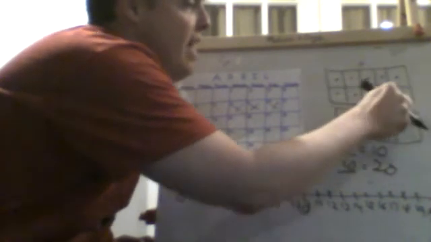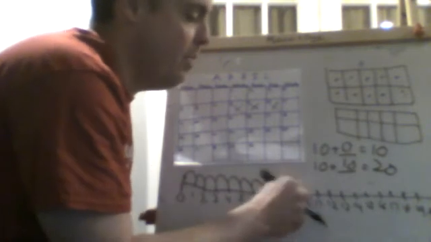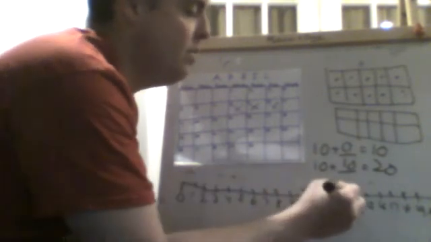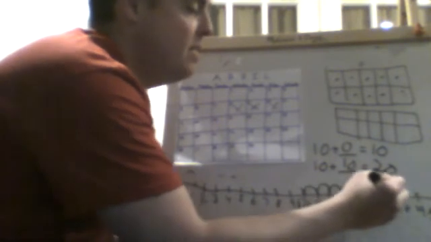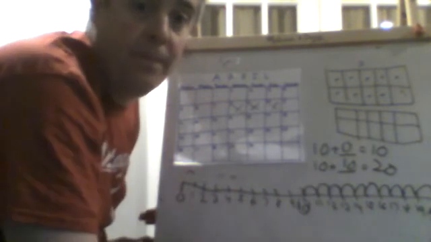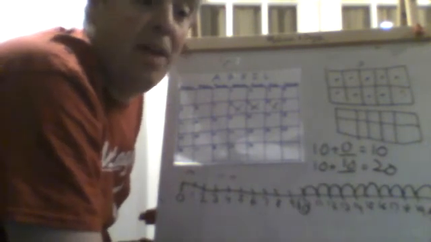Because 1, 2, 3, 4, 5, 6, 7, 8, 9, 10, 11, 12, 13, 14, 15, 16, 17, 18, 19, 20. 10 plus 10. Like, think about it when we went this way, 1, 2, 3, 4, 5, 6, 7, 8, 9, 10, right? We started at 10, we made 10 bumps, that gave us 20. Okay, so that's another way to think about good calendar math right there.